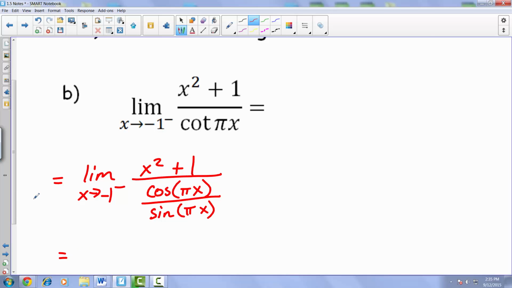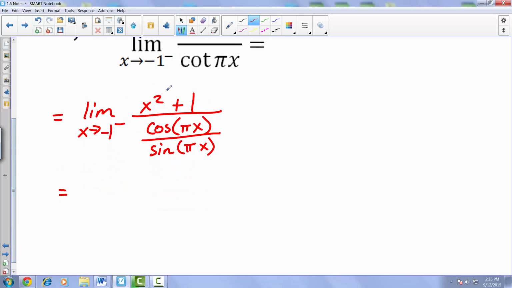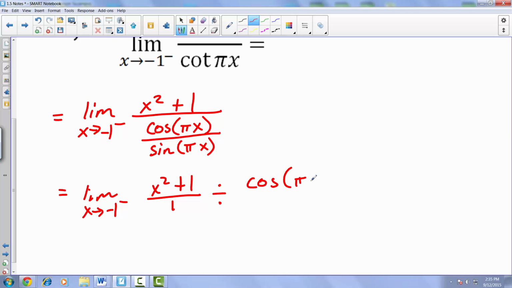And because we are dividing a fraction by another fraction, we can rewrite this where we have x squared plus 1 over 1, divided by our cosine of pi x over the sine of pi x.